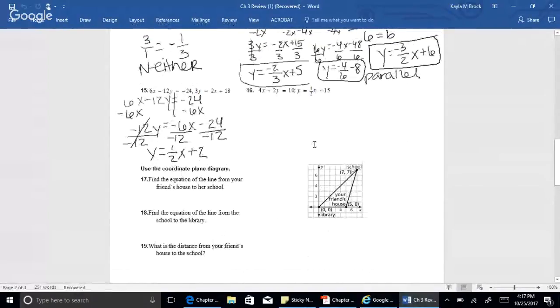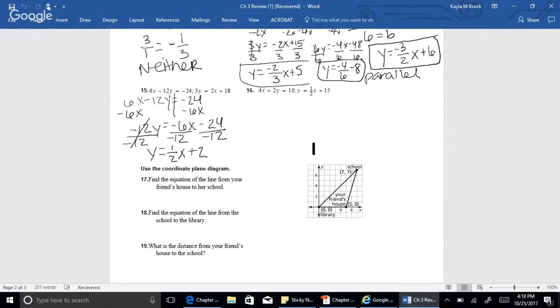And our final set of equations. Okay, so again, we're getting the first one into y equals mx plus b format. Thankfully, the second one is already there.